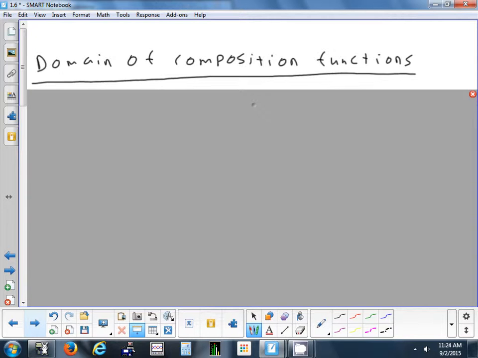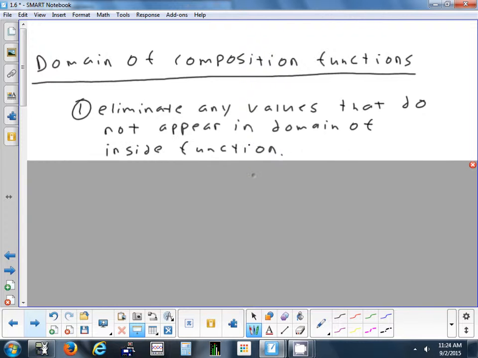All right, so the domain. How do we find the domain when we do composition? It's 2 steps. First thing you're going to do is look at the inside function and find the domain of that. So that's what we start out with.